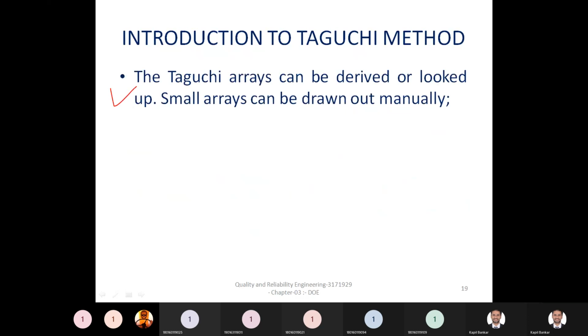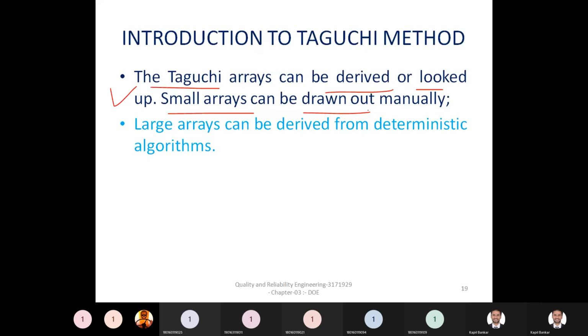And lastly, the Taguchi arrays can be derived or looked up. Small arrays can be drawn out automatically or manually, or from online sources also. Large arrays can be derived from deterministic algorithms. So from the derived algorithm also you can find the orthogonal array as per your required factors and their levels.